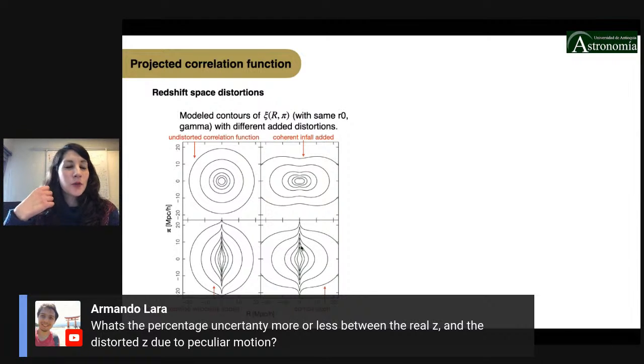But if you don't have such massive structures, then this distortion can be smaller. So how much variation depends on how massive the structures are for the particular sample that you are measuring your clustering. I hope that answered the question.